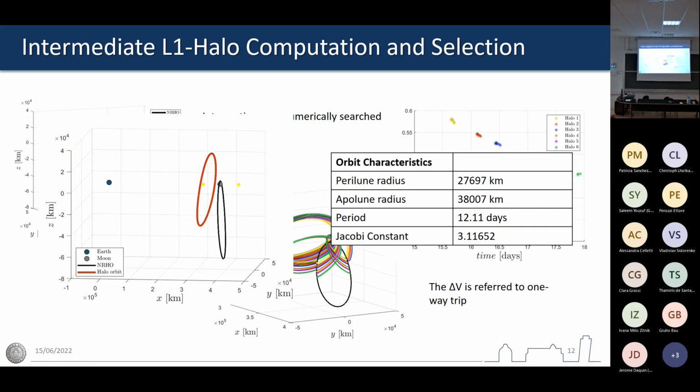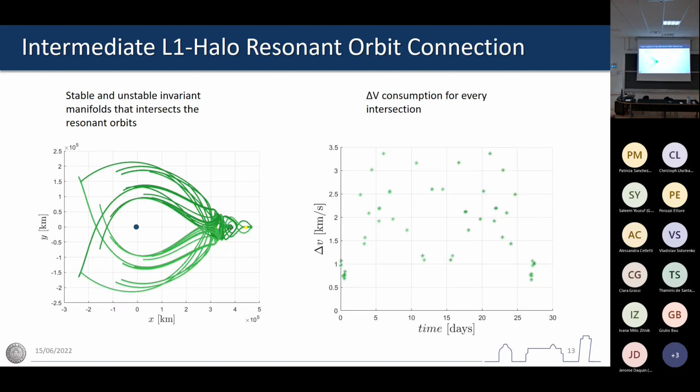That is defined by these parameters. Then we investigated also the possibility of using the manifold of the parking orbit to connect with the resonant orbit for the back and forth and to save some delta V. And we were able to find some intersection.